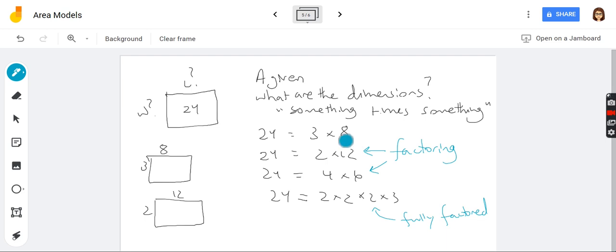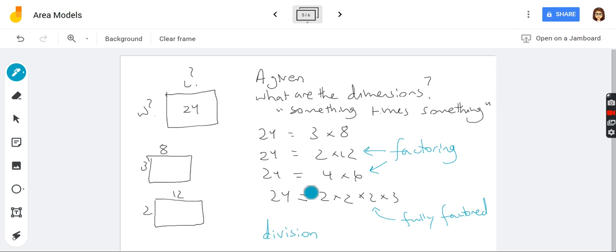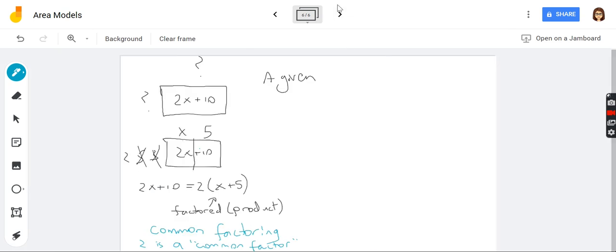You get it by going 24, which is the product, divided by 3. That gives you the second number, or the length. So what I really should have written here is that this is also division. Multiplication goes with expand and simplify, and division goes with factoring. So that's your common factoring.